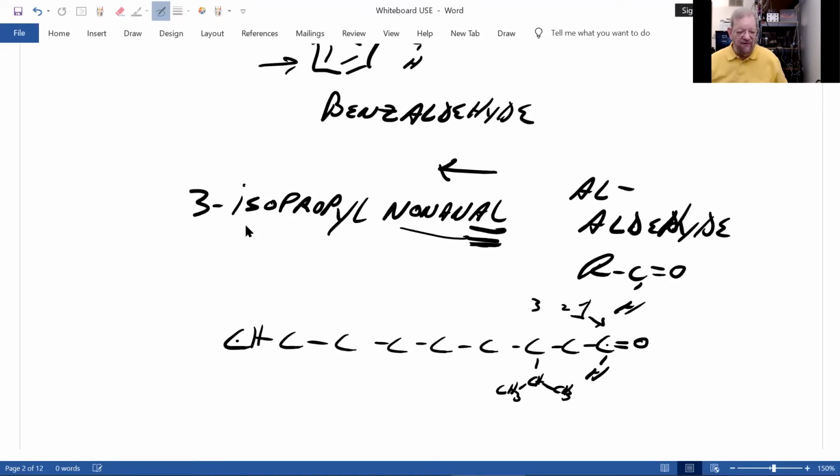And then there are 4 bonds to carbon. So I can put in my hydrogens. And remember, it's your responsibility. If I make a mistake, correct me. And that's 3-isopropyl nonanal.